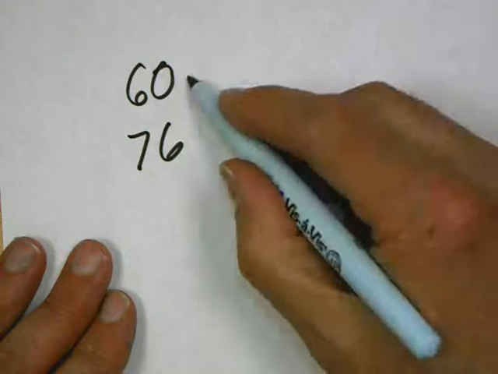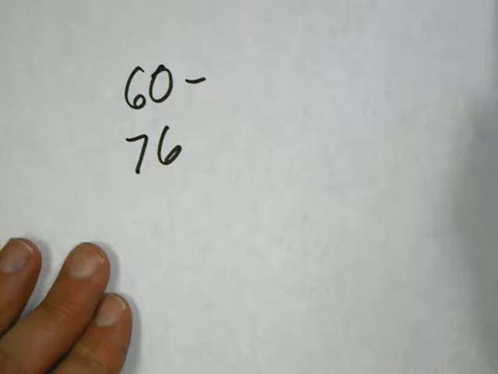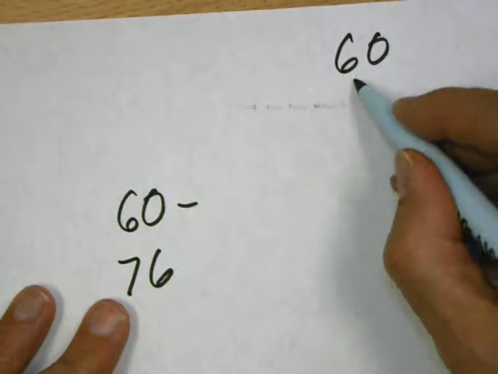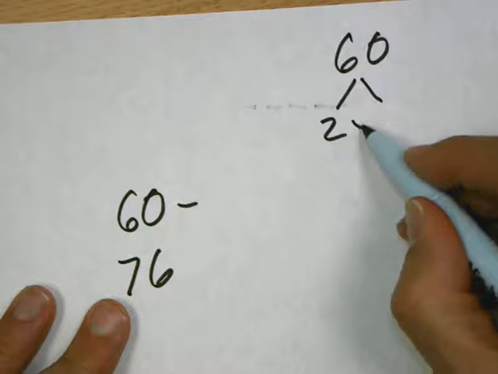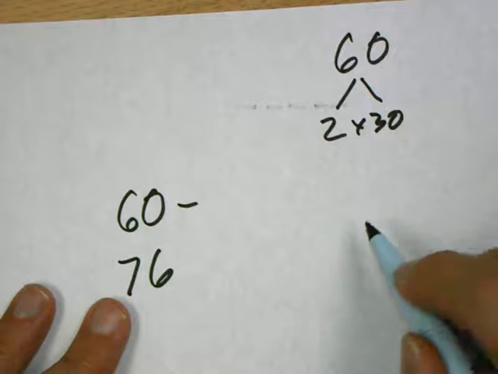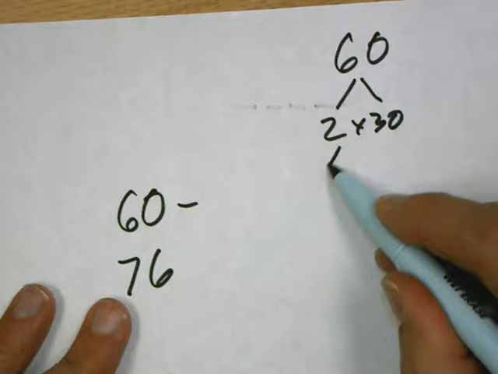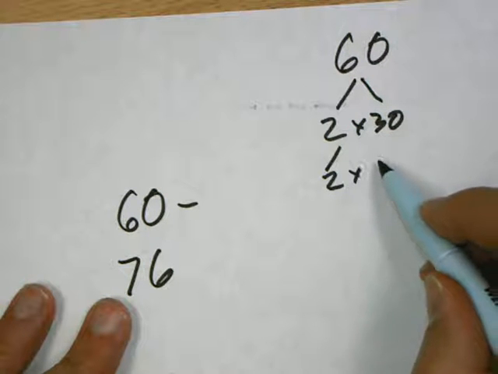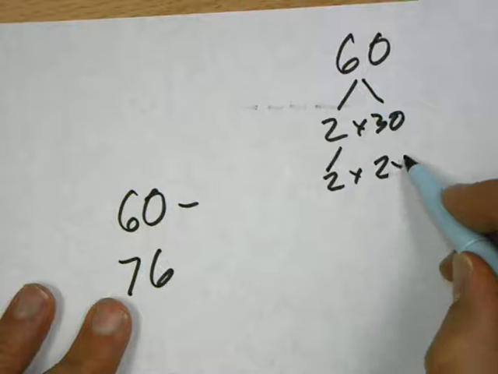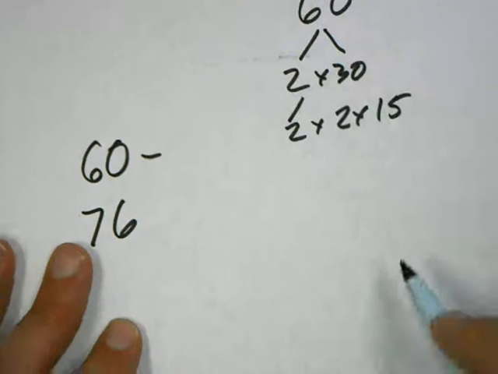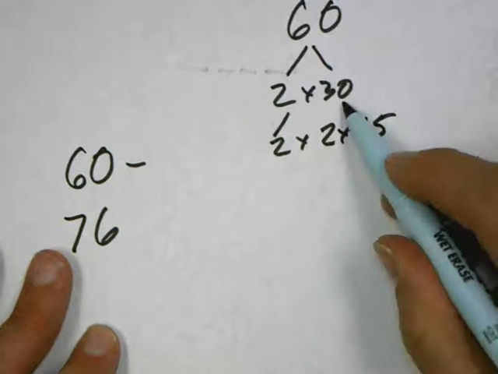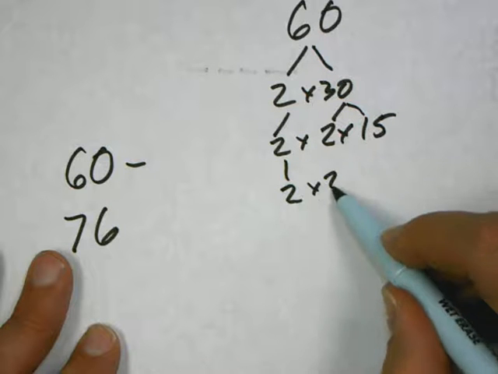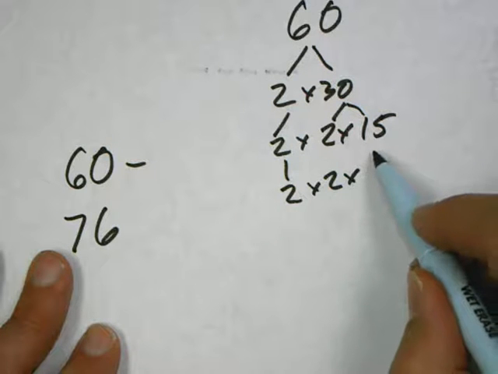And 60, I can build a factor tree here. So 60, and I know that 2 times 30 is 60, and I can break this down. 2 times, I can break 15 down by 2 times 15, and 15's composite, so I can break this down further. 2 times 2 times 3 times 5.